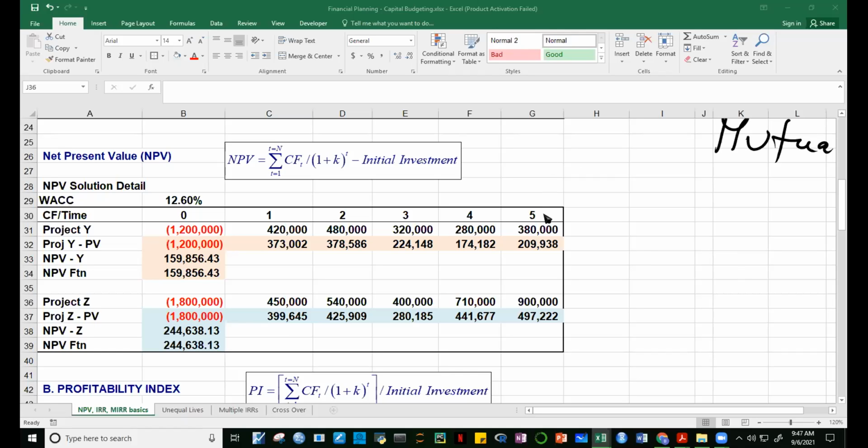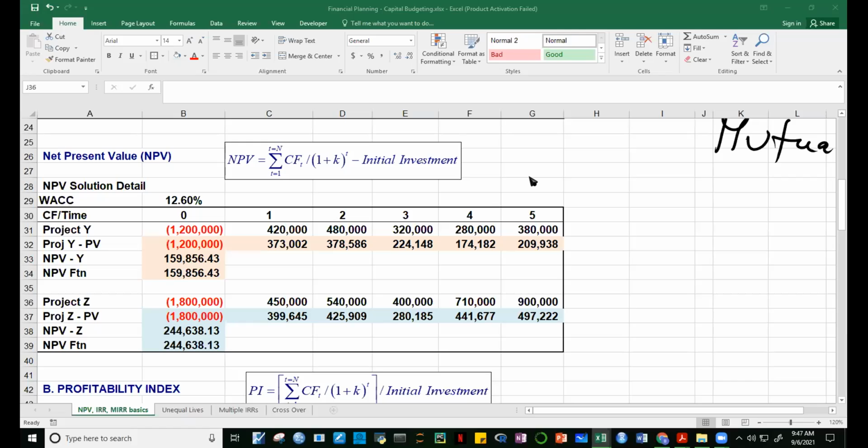Okay, Syra and Ariana have the same answers. Take note, guys, independent. Magkaiba yung independent kaysa sa mutually exclusive. So which will we choose, Project Y or Project Z?